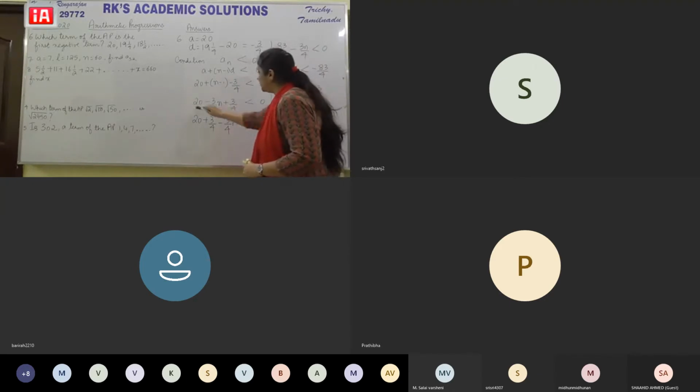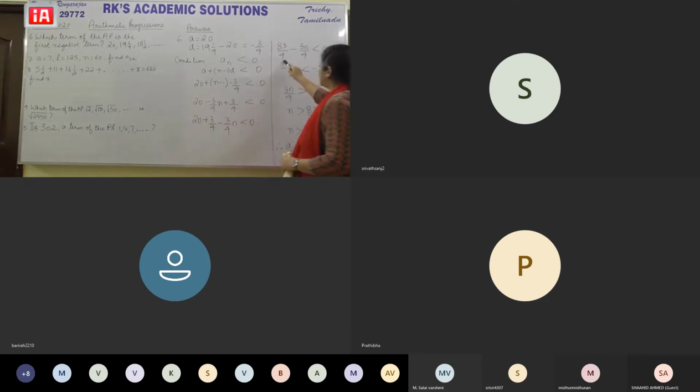Now simplify these two: 20 plus 3 by 4. Take an LCM and simplify. So 83 by 4 minus 3n by 4 is less than 0. Now transpose, we need to find the value of n.